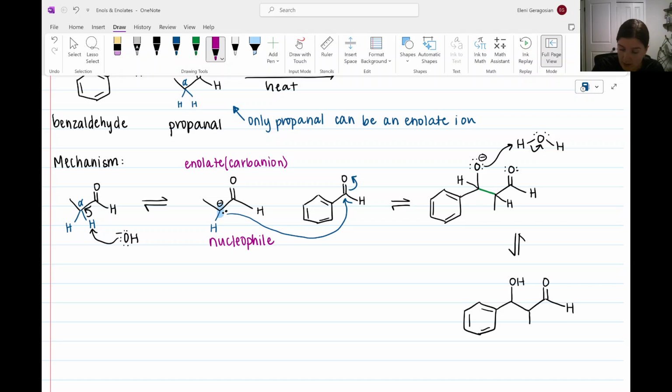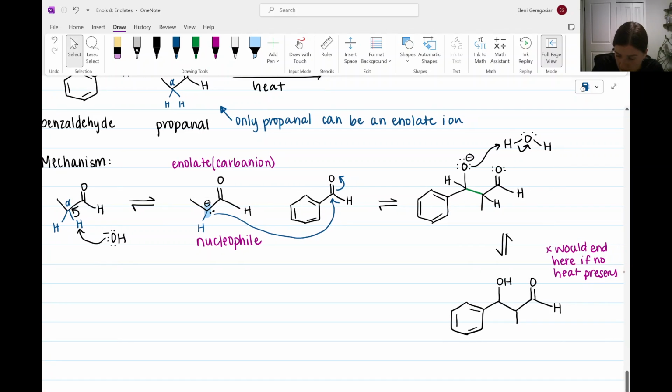So this is where the reaction would end, remember, if there is no heat. But with the heat, the reaction continues on.